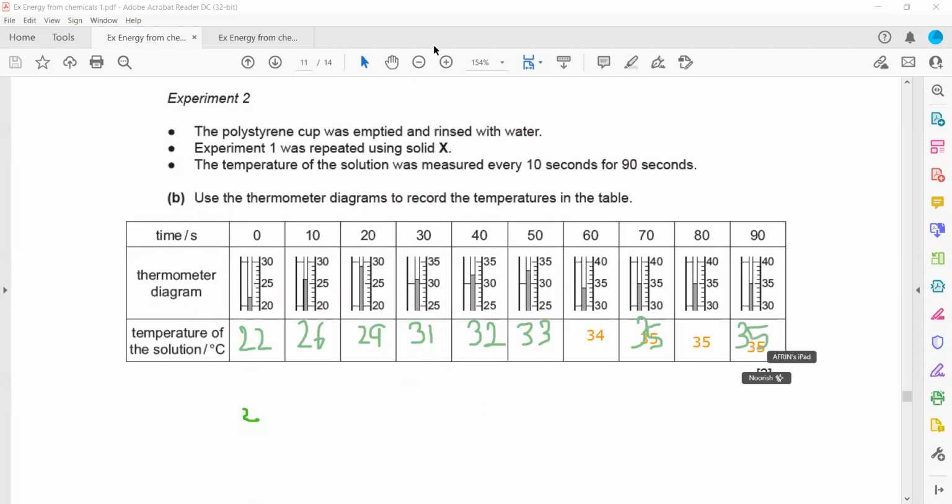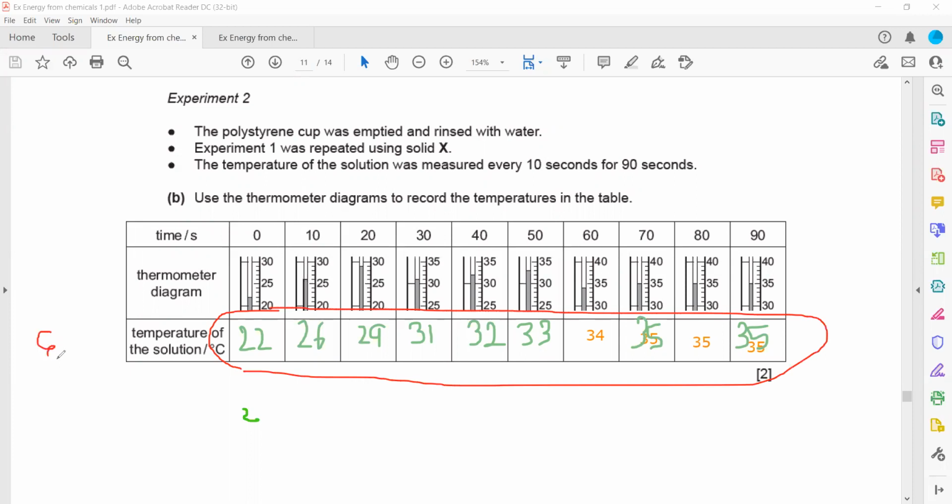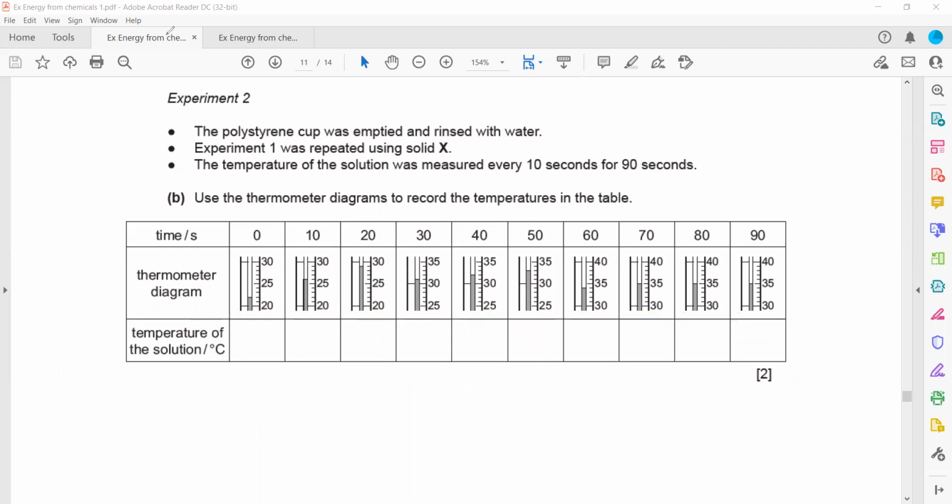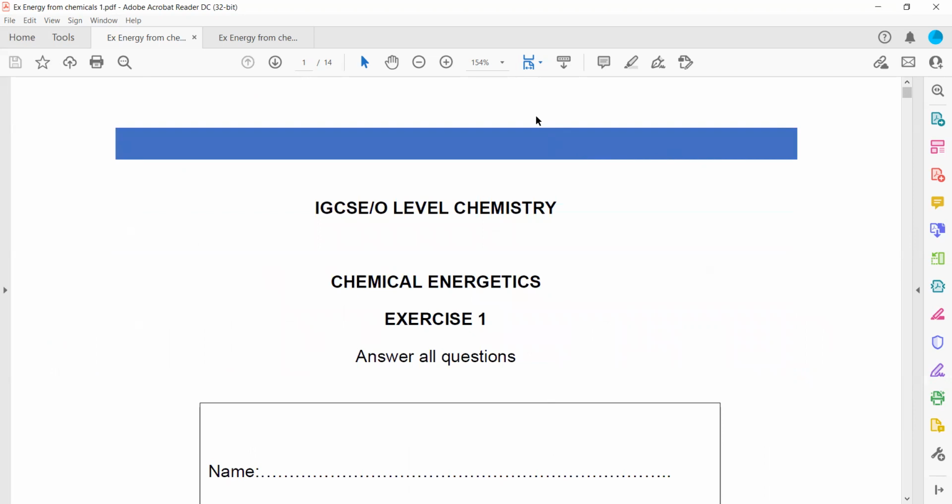When we observe, the temperature reading started with 22 and it reaches 35. So when temperature increases, we call that reaction exothermic. Remember these points. It is very important because in the next session we will do multiple choice questions. So you have to identify whether a reaction is endo or exo in terms of temperature change as well. So this was an exercise related to chemical energetics.